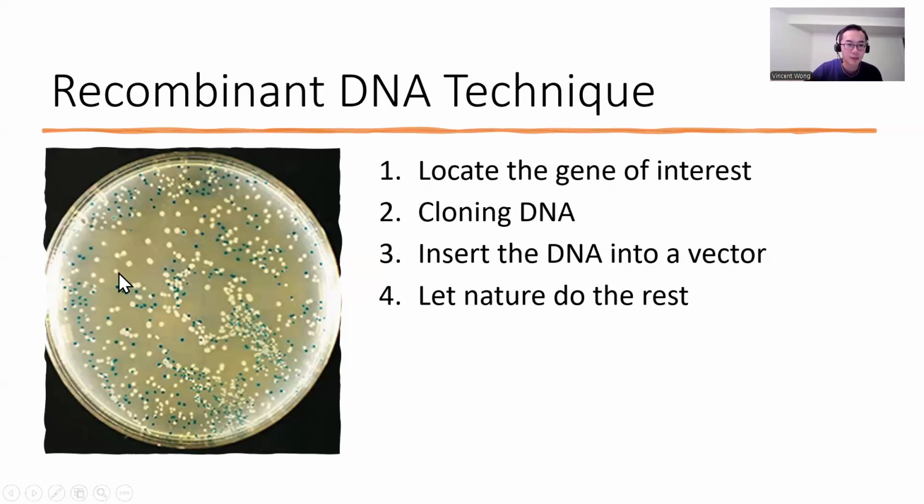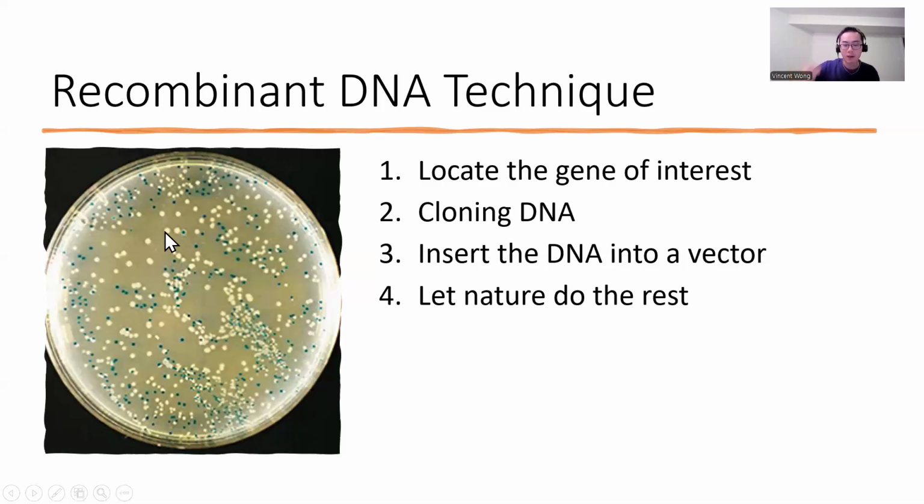This is a plate of bacteria, and the blue ones are the ones that have taken up the DNA. Those are the ones we want. If you can see it on a plate like this, which is no bigger than the tissue roll here, if you can see the little white spot and blue spot with your naked eyes, that means there are literally millions and millions of bacteria in that tiny circle.